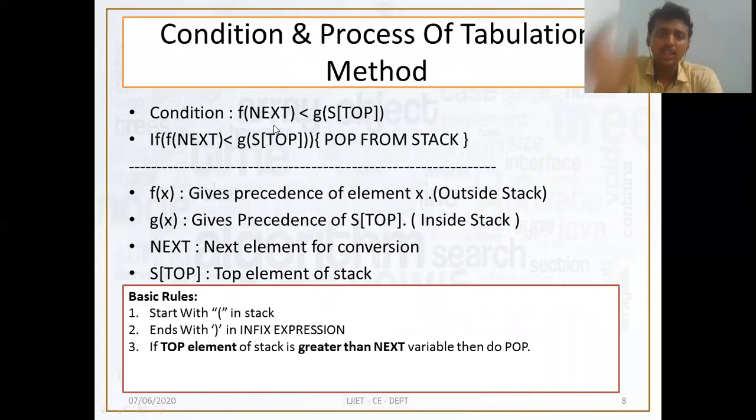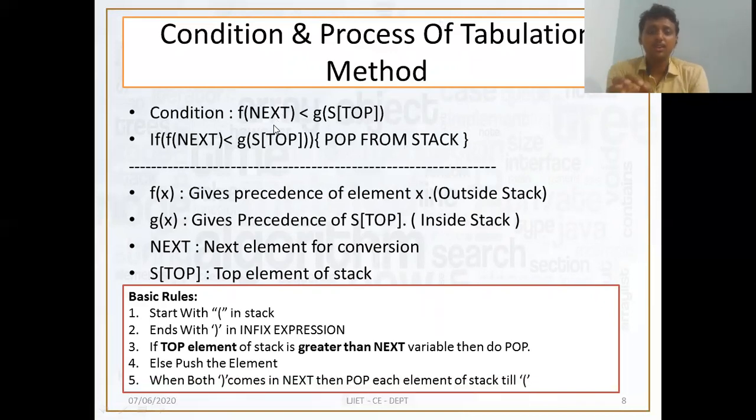Else push the elements. And one condition is added over here: if one opening and one closing bracket come together, then pop out each element of the stack until you get the opening bracket. So these are the basic rules for the tabulation method.